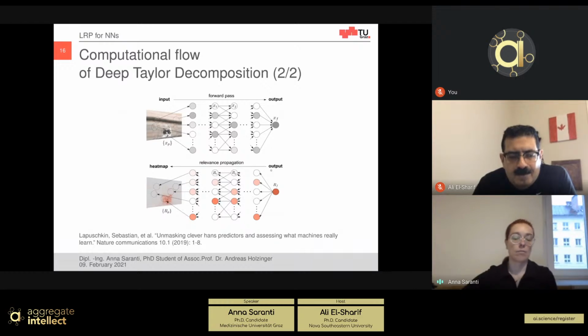Then, after the input has passed on to the output, the relevance propagation is computed from the output to the input. In the resulting heat map, we expect the importance to be concentrated on the head or on the torso of the cat, and hopefully the background didn't play a very important role in the classification that this image contains a cat.